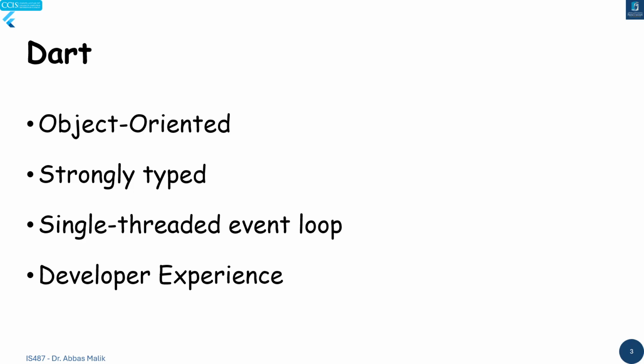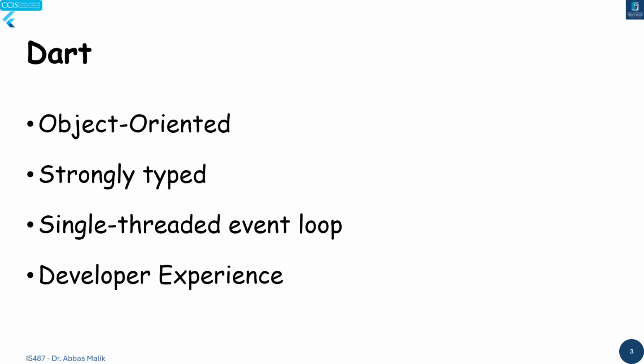So in this one, I will just give a brief, gentle introduction about the Dart language, which we have been using in the last two lectures to build mobile applications using the Flutter framework. Dart is object-oriented and strongly typed. I mean, we need to specify the type of each and every variable.